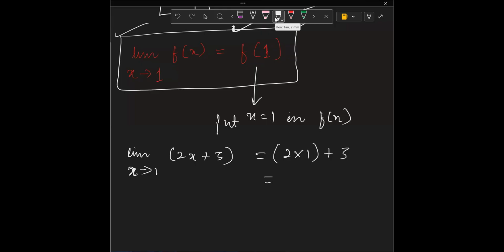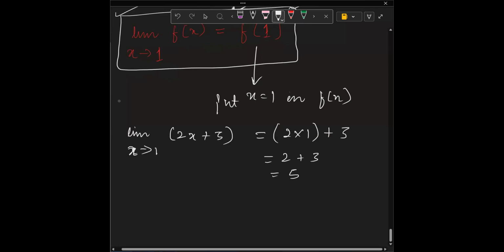To overcome that, we modify our function so that we do not get a zero in the denominator, and then we can directly put our limit inside the function and get a defined answer. So this is 2 plus 3, that is 5.